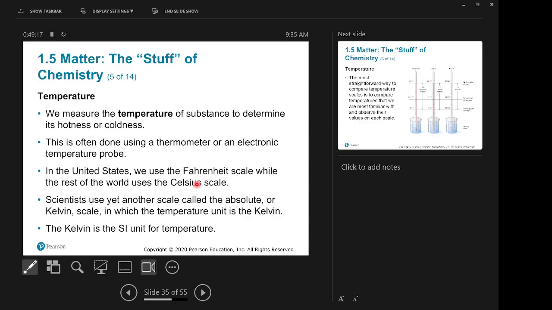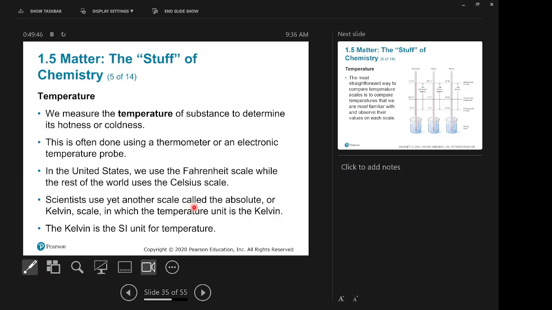So 0 Celsius is the freezing point or melting point of water. It's a relative scale, and that's why it's a degree. Kelvin is an absolute scale. So 0 Kelvin literally means there is no heat energy anymore. The temperature is literally 0. That's the absolute absence of what we would consider heat.